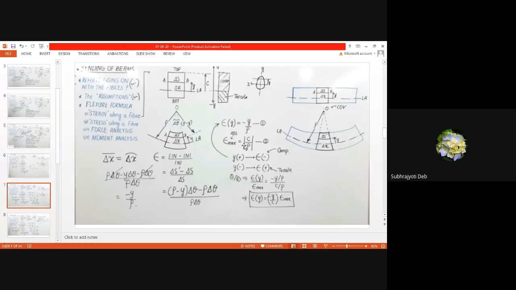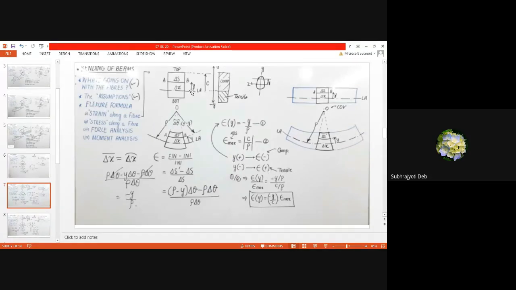So if you take y as positive in this formula, what will happen? Your strain will be negative. If the value of y is positive, the result will be negative. That means it is compression, isn't it? If you take y negative, the resulting strain will give a positive value. That means it is tensile.